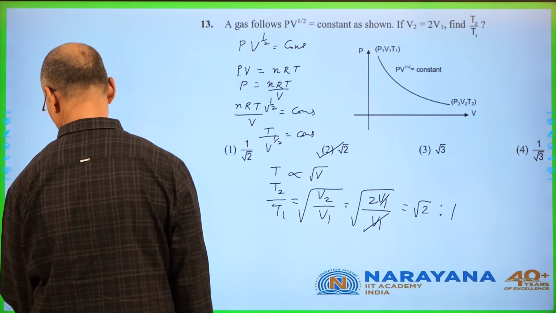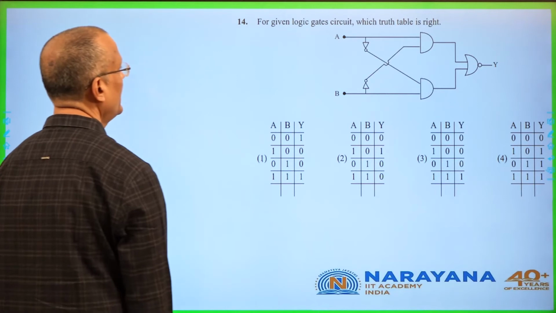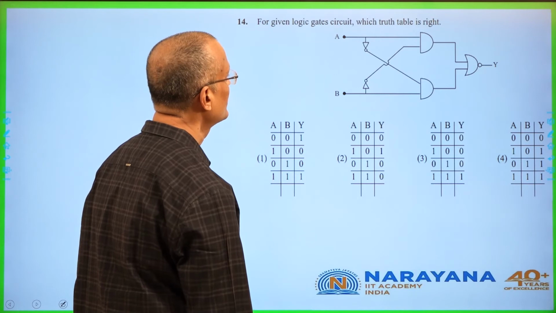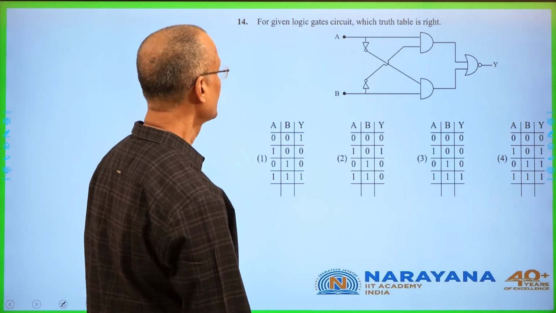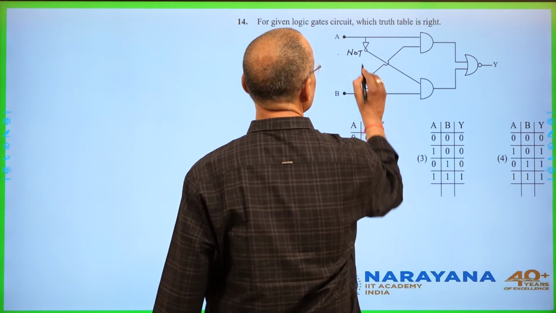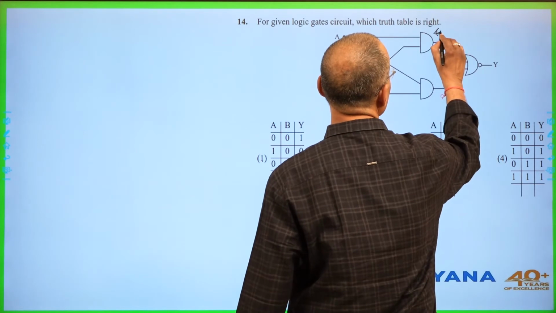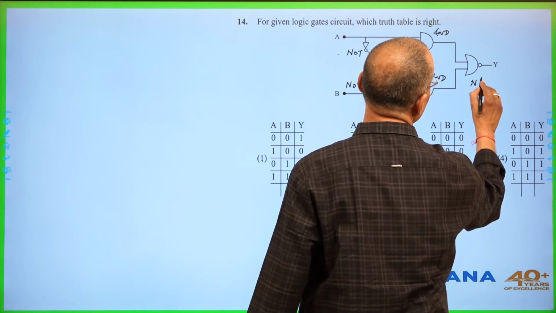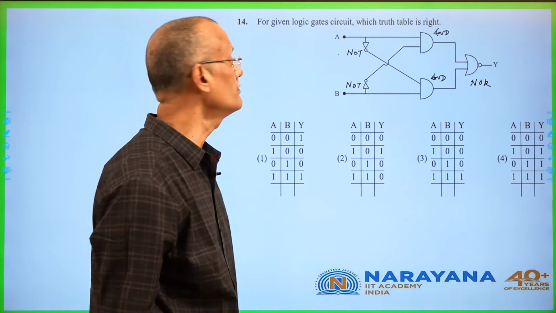Now, question number 14. For a given logic gate, which truth table is right? First, you must check all these. This is NOT, this is NOT, this is AND, and this one is NOT. You'll have to identify all the symbols.